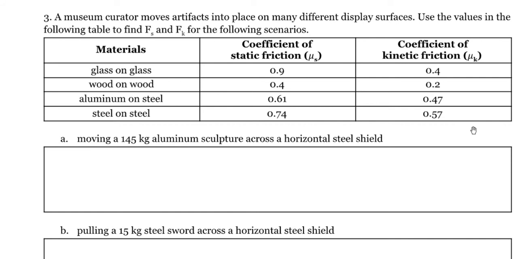Use the values in the following table to find the force of static friction and the force of kinetic friction for the following scenarios. So we have a table with coefficients of friction, which we can use as a resource. A says we're moving a 145 kilogram aluminum sculpture across a horizontal steel shield. The first thing that we have to do is convert the mass into a weight.